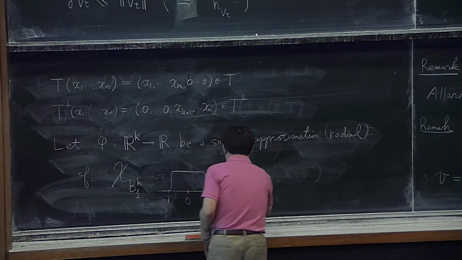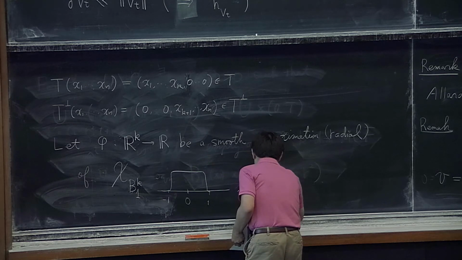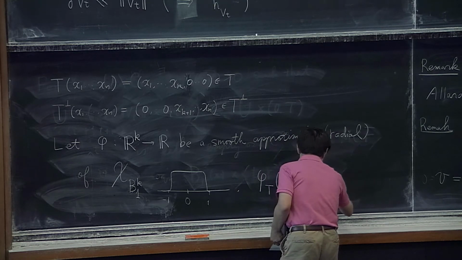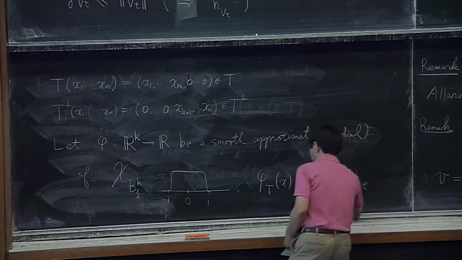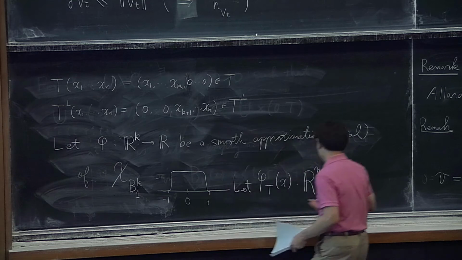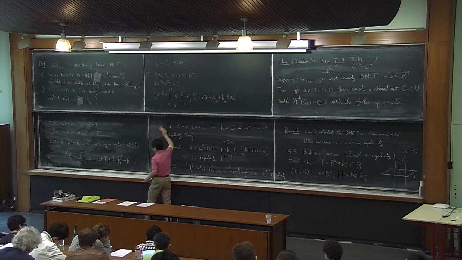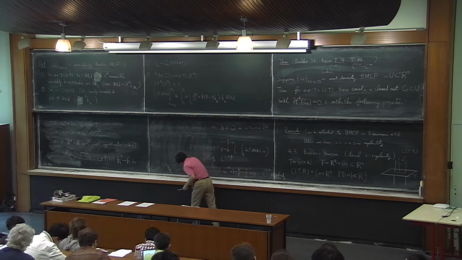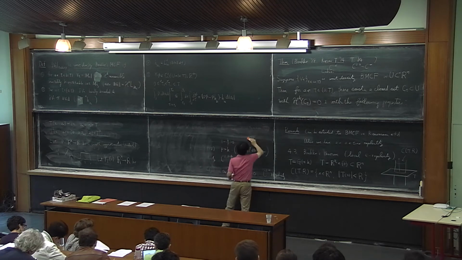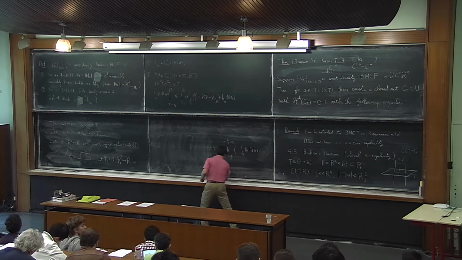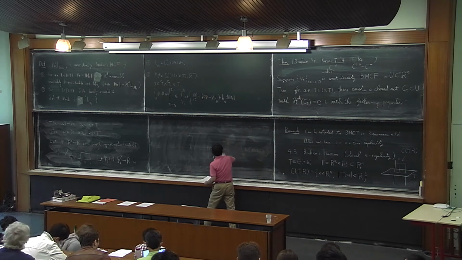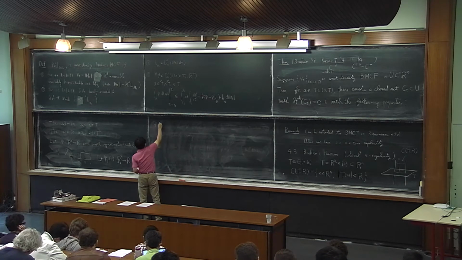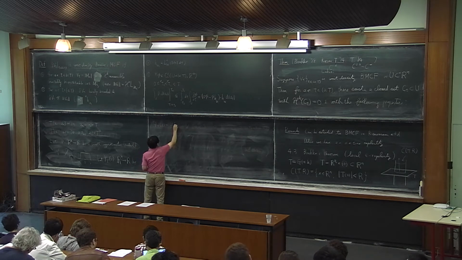And then I define phi_T of x, which is a function defined on R^n now. Phi_T of x is phi of T of x.